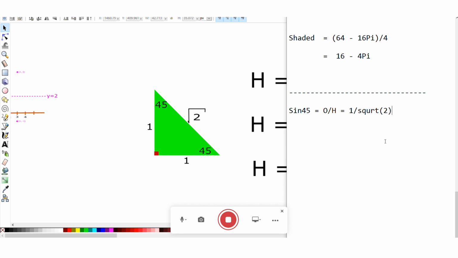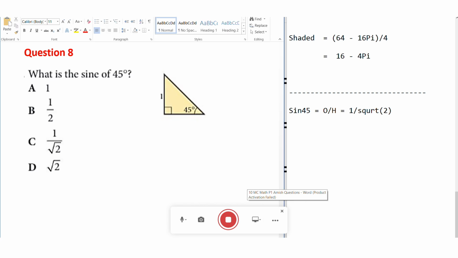And remember, this is a multiple choice exam, so you don't really have a calculator, so you leave the square root of 2 in surd form. So it's 1 divided by the square root of 2. Let's see if that answer exists. 1 divided by the square root of 2. The answer is C.